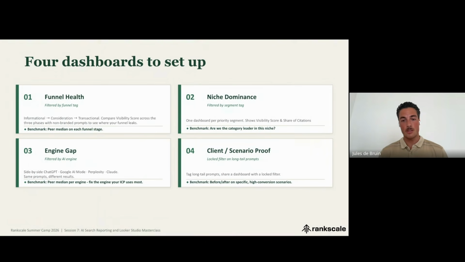And then, of course, client or scenario proof. This is really focused on prompts, and I would say it is quite similar to a niche: long tail, very specific scenarios, because there you also have the capability to improve your AI visibility quite fast, since there is so little competition.